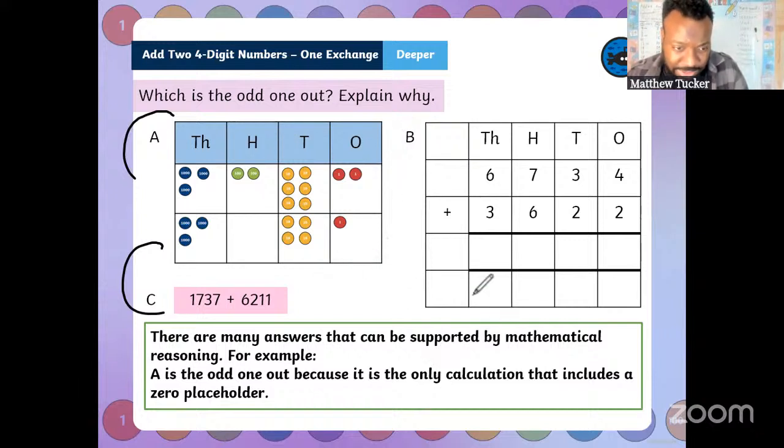The only calculation that includes a 0 placeholder. Because what we'd want to do here is it should carry over to the next. If it doesn't do that, we can get the wrong answer.